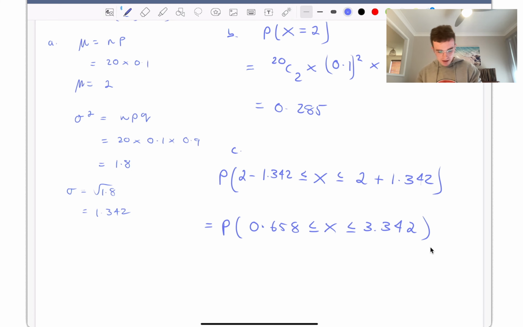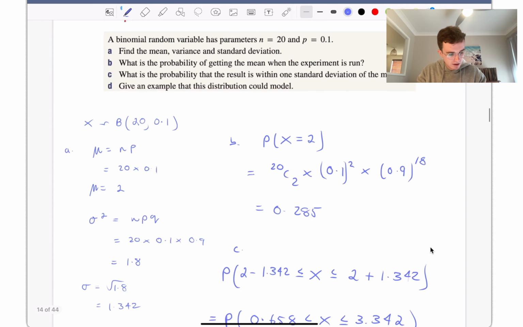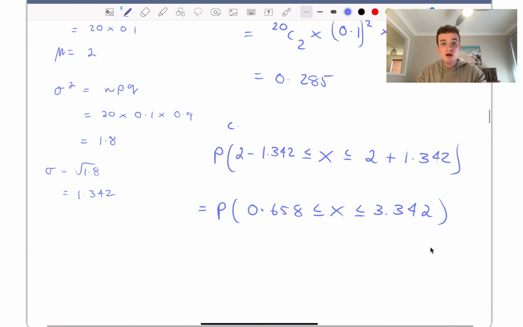Now, to do this question, we have to remember that a binomial distribution is discrete. A binomial distribution is discrete, which means we cannot have decimal values of x. Doesn't make sense.